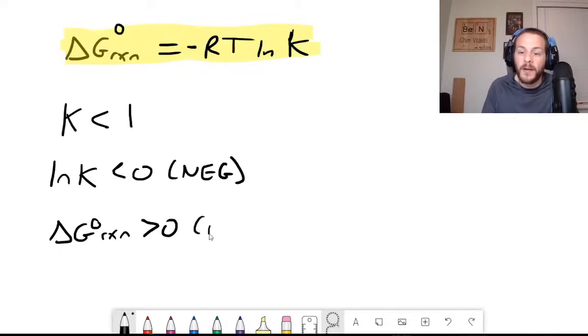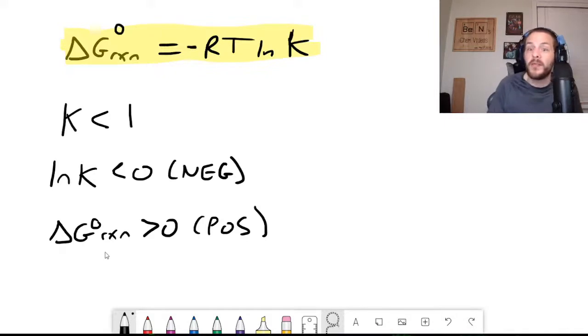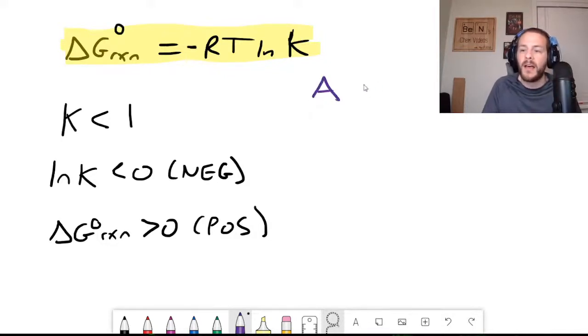It becomes greater than 0, right? And so again, if K is less than 1, that means delta G is positive. And if delta G is positive, that means that the forward reaction, so let's just denote that by saying just a simple equilibrium. Let's say if we have A reacting to form B, right?